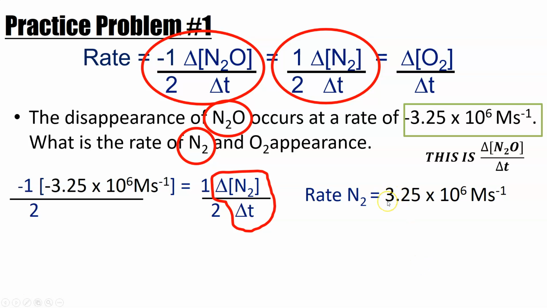And you should notice, well, it was a 1-to-1 ratio, right? I guess 2-to-2. So it's also positive because this was being made. They have the same rate, but the symbols are opposite because one is being used up and one is being made. Now, the reaction rate would be this entire circled part up here.